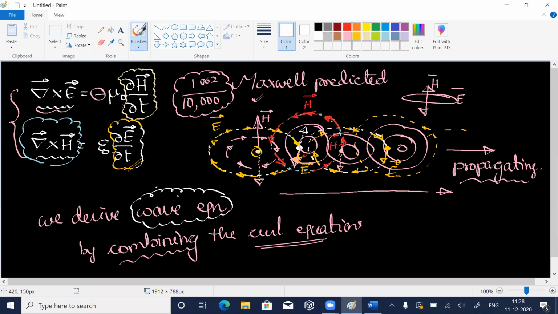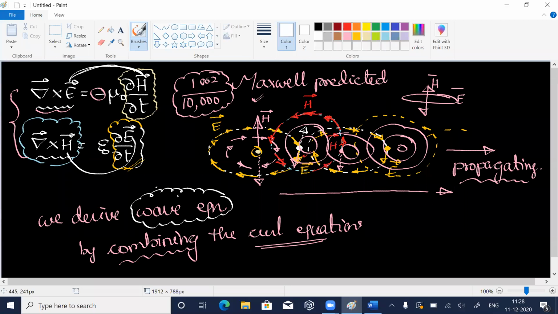As of now, this E and H are coupled. I want to decouple E and H, and I want to show equations only in the form of E and again only in the form of H. When you have both E and H involved in one equation, I can't really segregate.